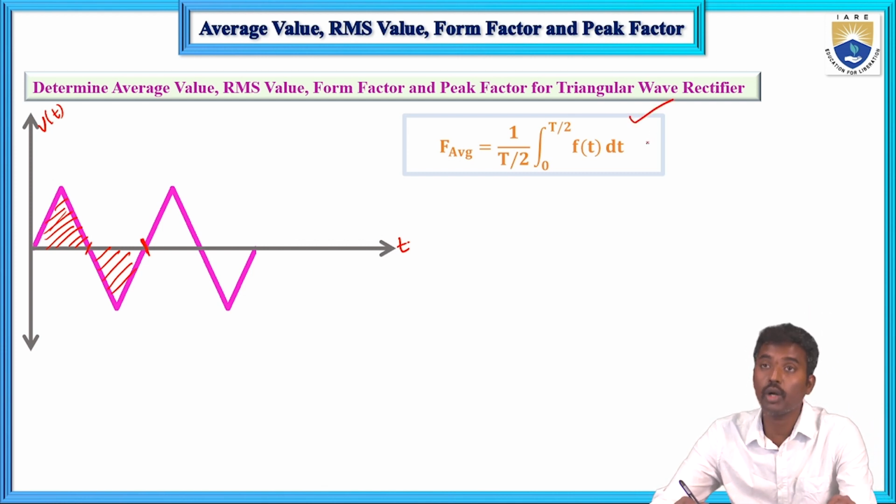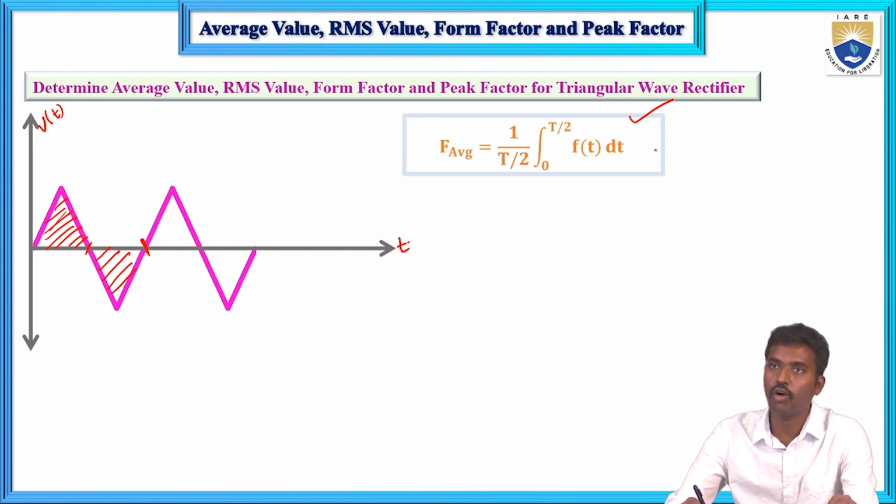Now you can use the formula f average equals 1 by T by 2, integration 0 to T by 2 of f of t.